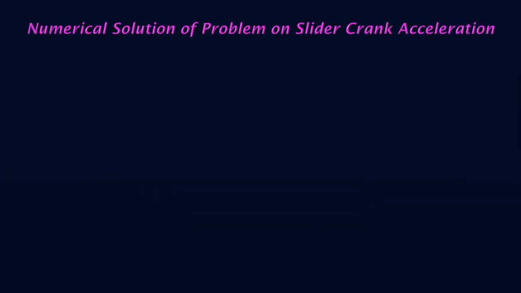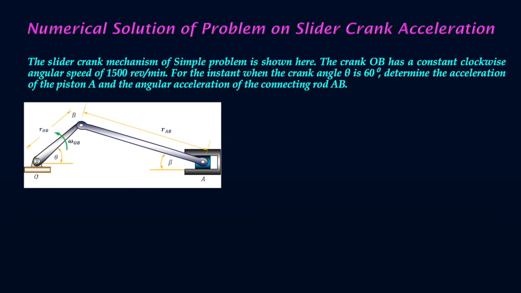In the last lecture, we discussed the velocity of the slider crank. Here it is a similar problem, and here we will determine the acceleration of different points and links. So let's see this figure of the slider crank mechanism.